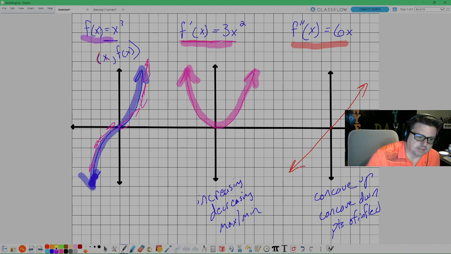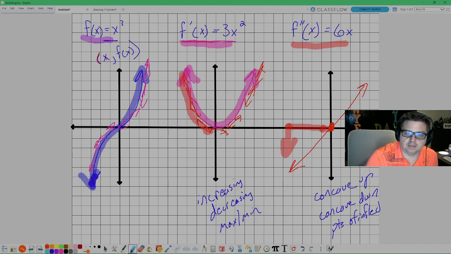Now, if we do that same thing to the second derivative, we will see that these tangents are going down until they hit 0, and then they start going up. So wouldn't it make sense that all of these values are below the x-axis because all of these are negative slopes?